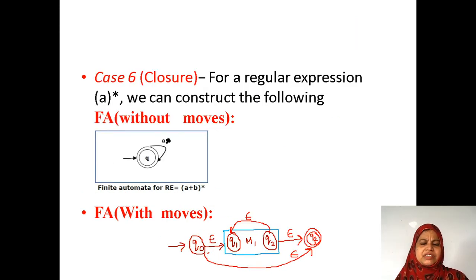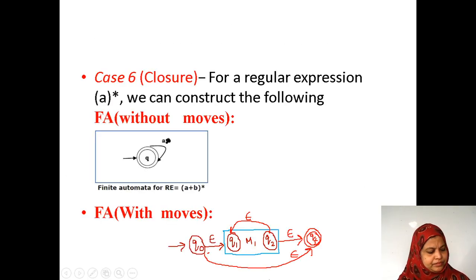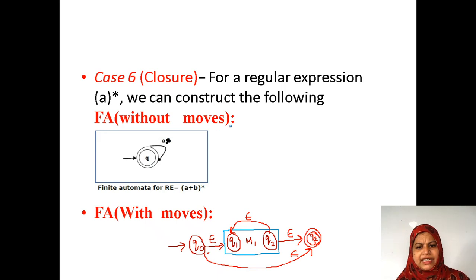Next one is the closure. This is very, very important. For a regular expression A star, we can construct the following finite automaton in this format. See here, my regular expression is A star.